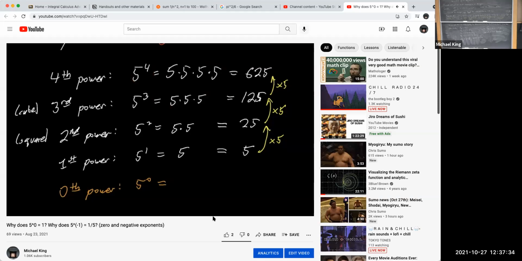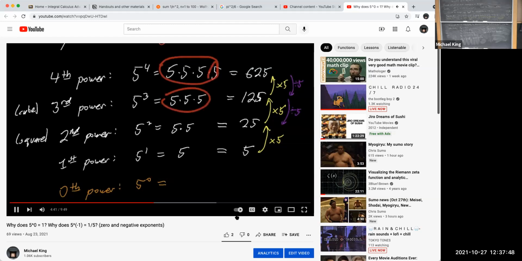You see where this is going? Oh, that purple is hard to see. Okay, I guess.